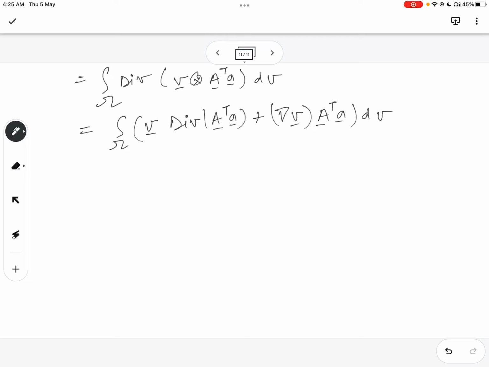The divergence of A transpose a, with a being a fixed vector, from the definition of divergence of a tensor, we have nothing but v a dot divergence of A plus del v A transpose a.